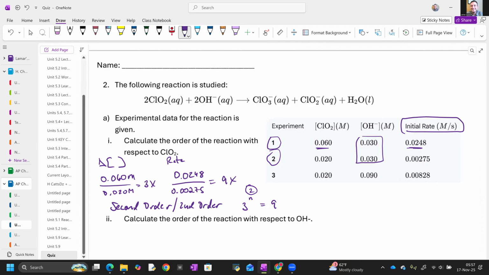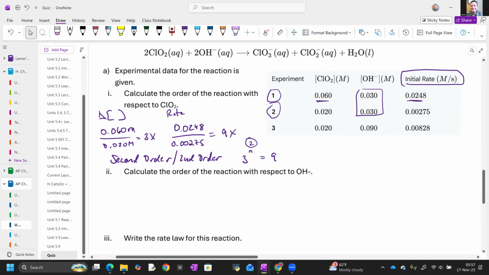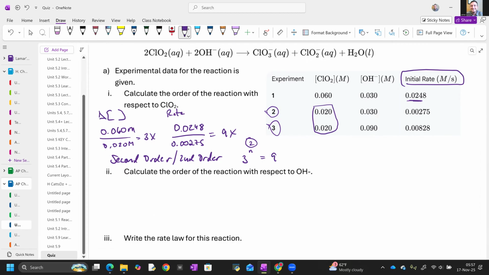All right. Now we go to the next part, and it says calculate the order with respect to OH. So we go back and we look at our initial rates. Now we want to find experiments in which ClO2 does not change, between experiments 2 and 3. So the change that we see in the rate here is due to the change in the concentration of OH only.